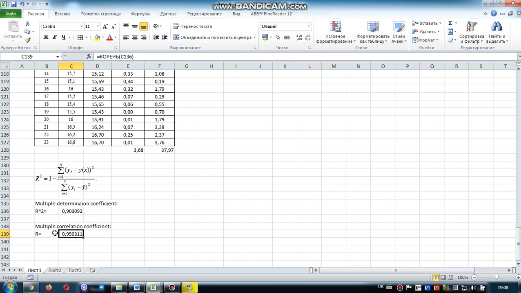So we have already calculated the multiple correlation coefficient. This is the first part of our laboratory work.